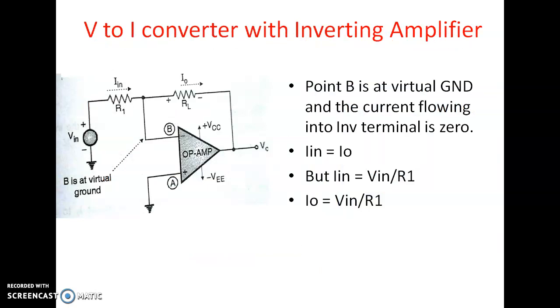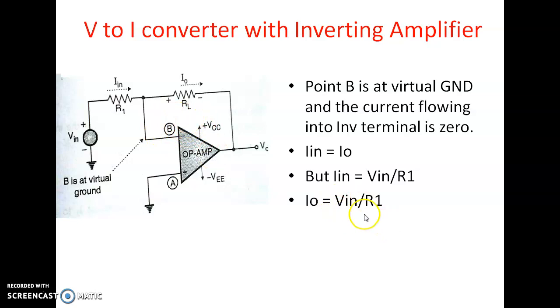Now we will go for the V2I converter with inverting amplifier. The V2I converter with input applied to the inverting terminal is shown in this figure. The type of load is still a floating type. The point B in the figure is a virtual ground and the current flowing into the inverting terminal is 0. Therefore we can write In equal to I0, but In is equal to Vin by R1 as point B is at virtual ground potential.